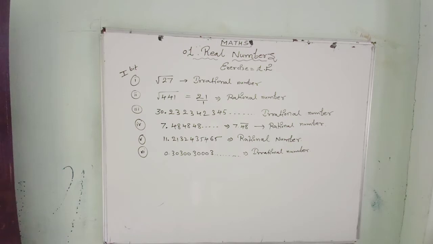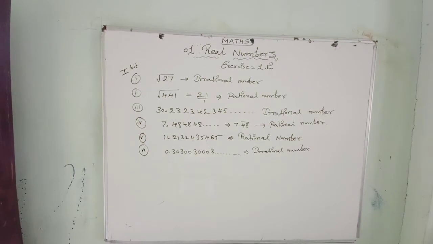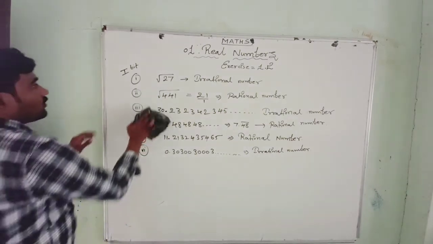So the third one and sixth one will be irrational numbers. And see that the fourth one, a non-terminating repeating decimal number, 7.48 bar, is a rational number. Then the fifth one, the number of decimal digits is countable, hence it can be represented in the form of p by q, so it is considered a rational number. So I am going to write this.